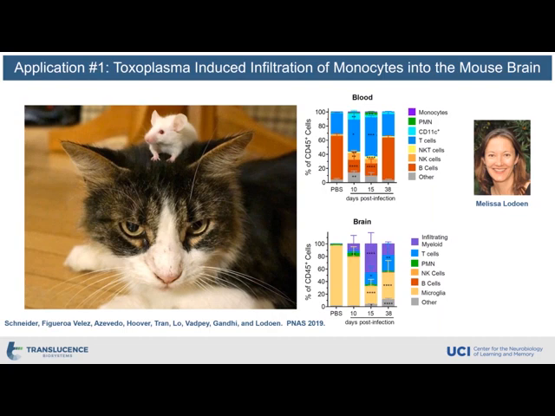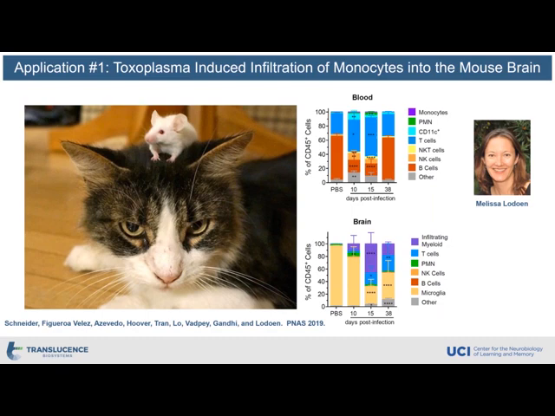What Melissa's lab had discovered was that at the time when there is a big signal for the infection in terms of circulating immune cells in the blood, there was also a sudden infiltration of monocytes from the blood into the brain. And we wanted to know whether this infiltration of monocytes might be regionally specific.